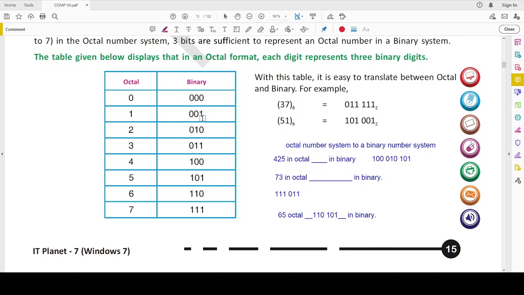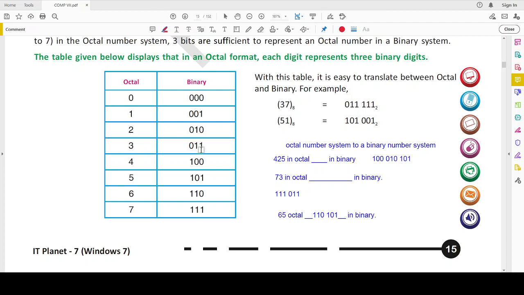This is in binary: 2 to the power 0, 2 to the power 1, 2 to the power 2. So 2 to the power 0 is 1. 1 into 1 it is 1. This is 2 to the power 0, 0 into something, it's 0 only. 1 into 2 to the power 1, it is 2.